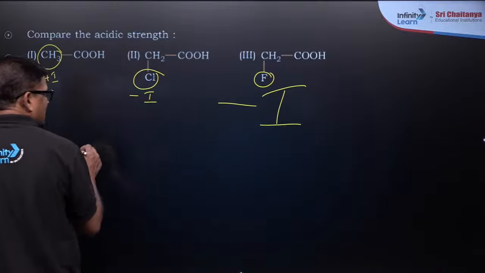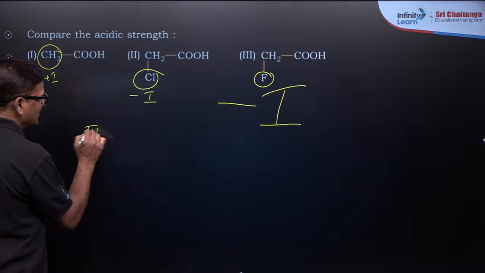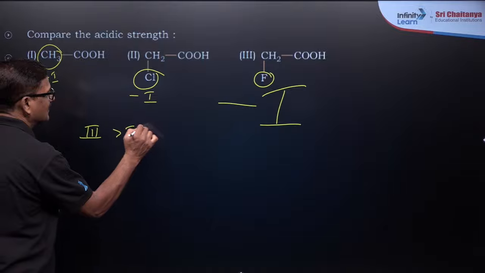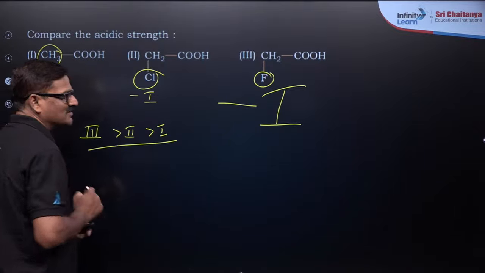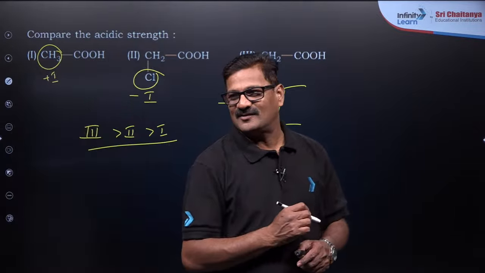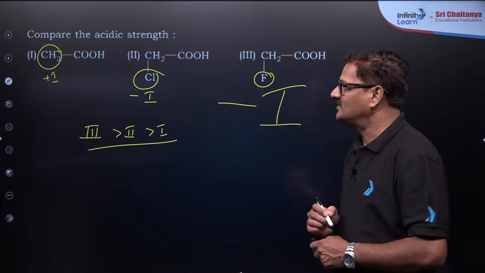Now the acidic strength order will be 3 is greater than 2 is greater than 1. Got it?